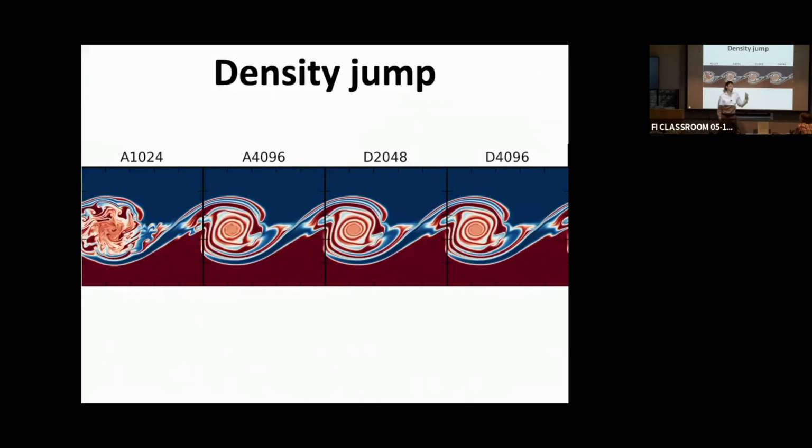Okay. So this is the power of the spectral method, that in Daedalus at 2048, you get basically the right answer. Okay, this is a very, very accurate representation of the right answer, whereas you're still not getting it in Athena.